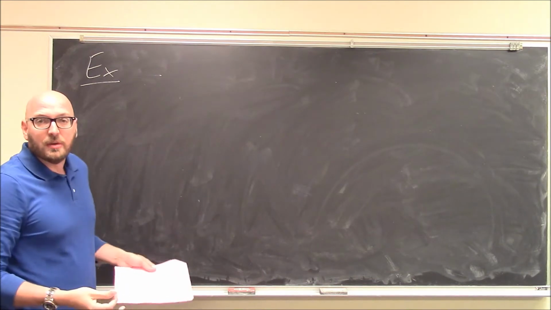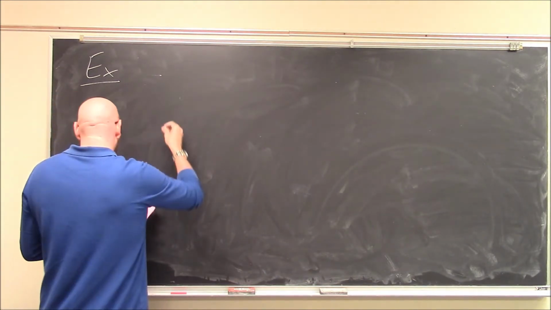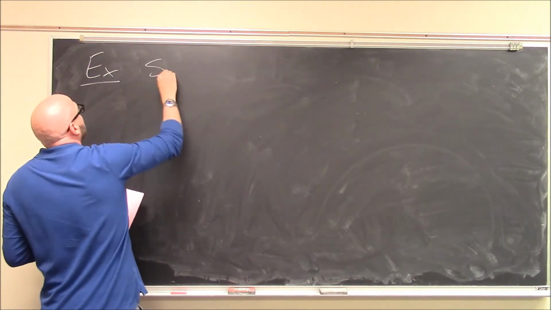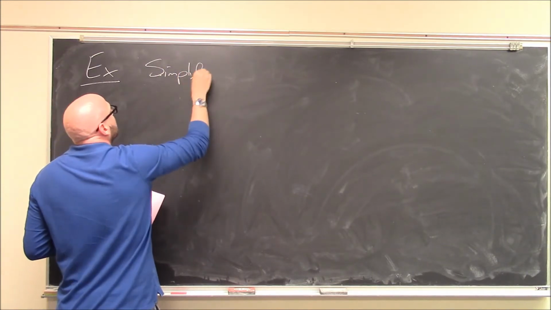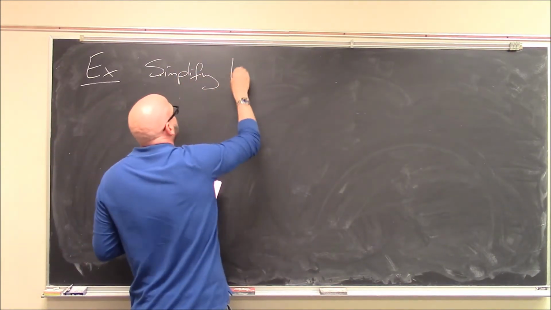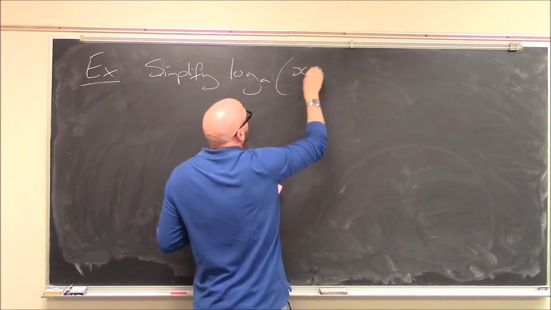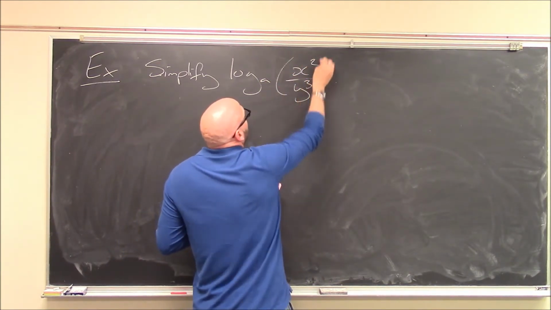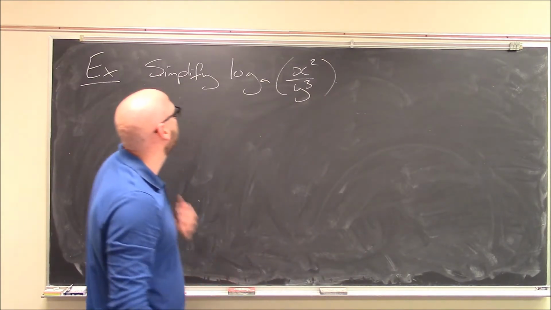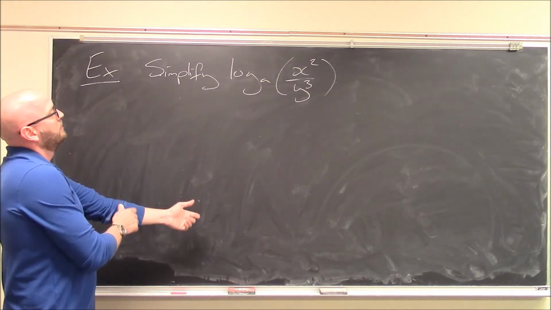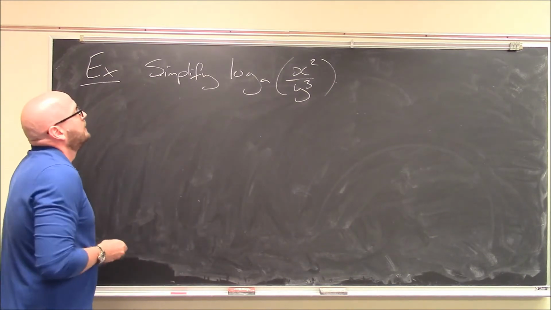So here's a really common type of question, just to demonstrate that you know how to work with logs. Let's say simplify this expression: log to the base a of x squared over y cubed. What am I going to do?